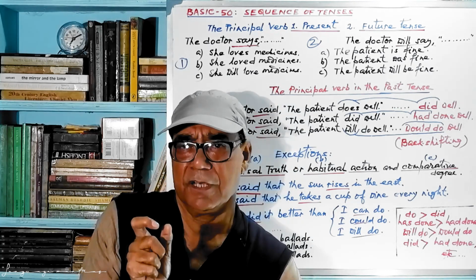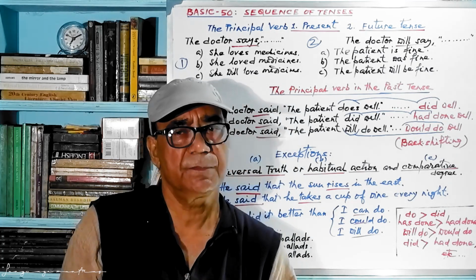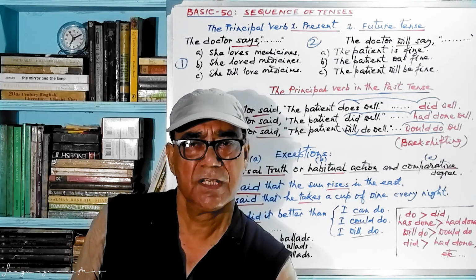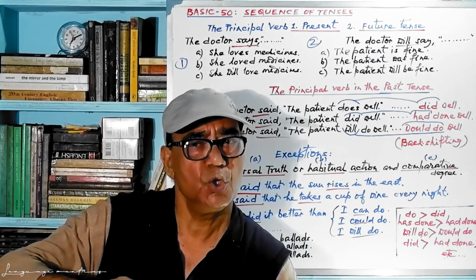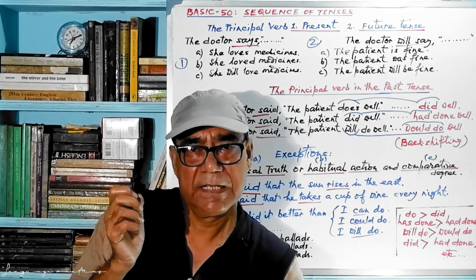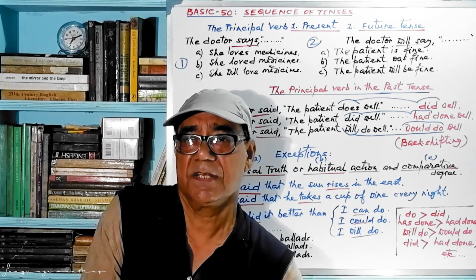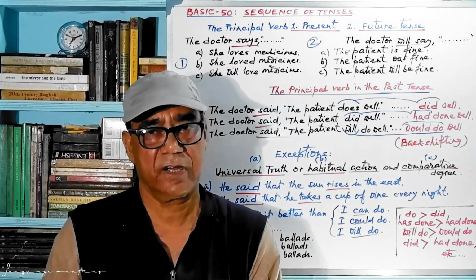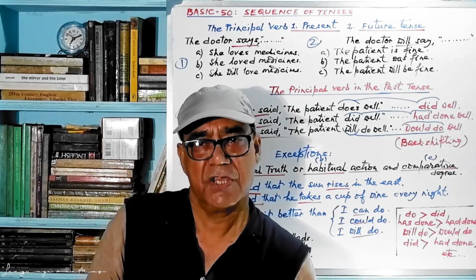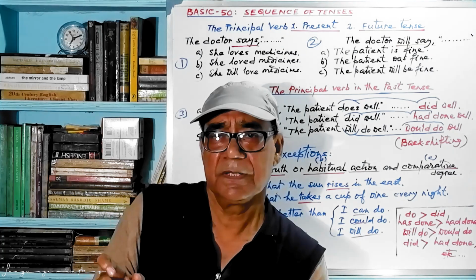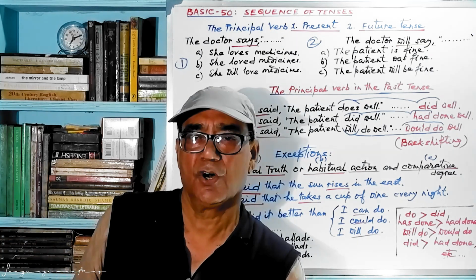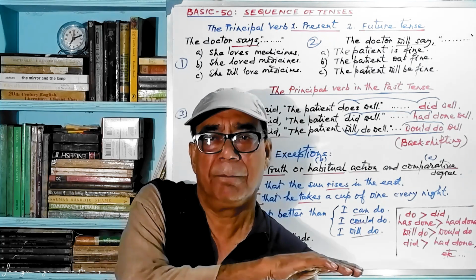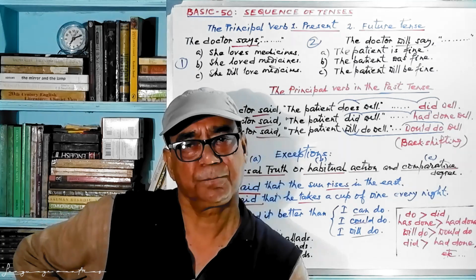If the main verb, that is in the principal clause, is in the present tense or in the future tense, you need not worry at all. There is no problem. But if it is the past tense that is in the principal clause, then you have to take extra care. You have to change the verb or verbs in the subordinate clause into the corresponding past tense or tenses.